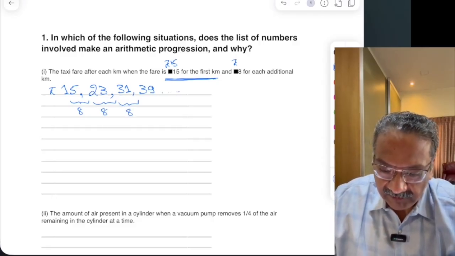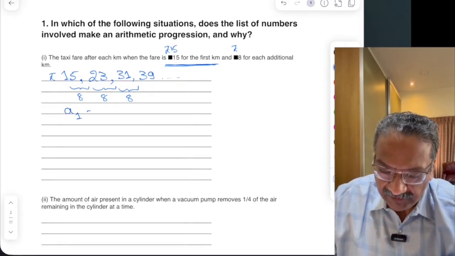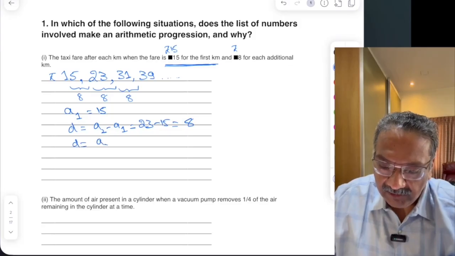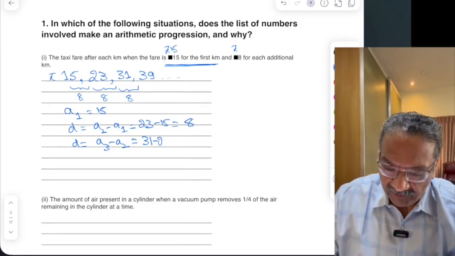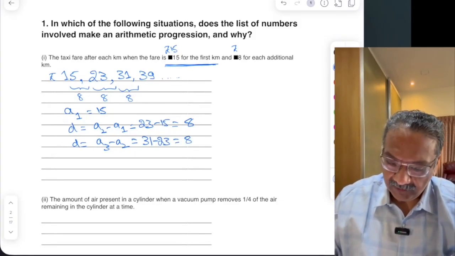Here the first term A1 is 15, and the common difference D, we can say A2 minus A1, which happens to be 23 minus 15, which is equal to 8. We can also see that the common difference between A3 and A2 is 31 minus 23, which happens to be 8. So, since the difference is same, this is an AP.